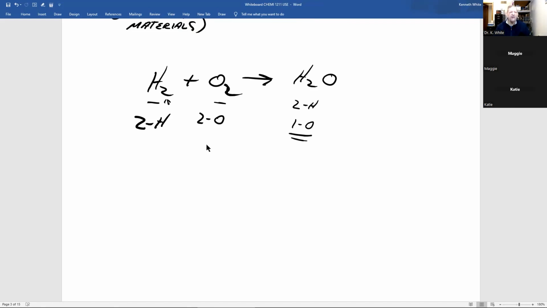For a balanced chemical equation, you have to have the same number and same type of atoms on both sides of the arrow. Instant replay. For a balanced chemical equation, you have to have the same number and same type of atoms on each side of the arrow. This doesn't have that. What do we do? Well, we balance it.